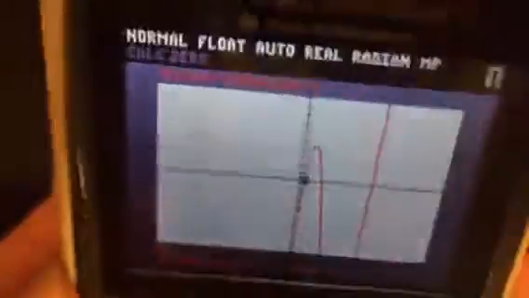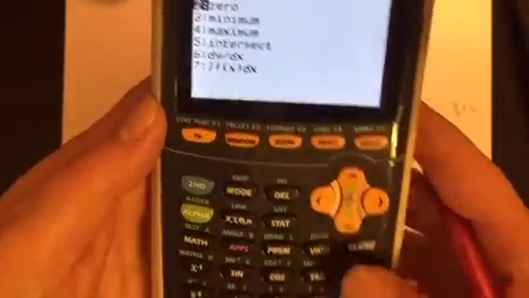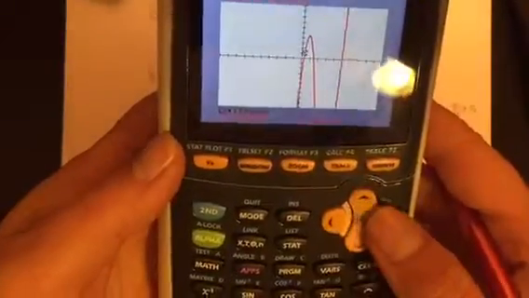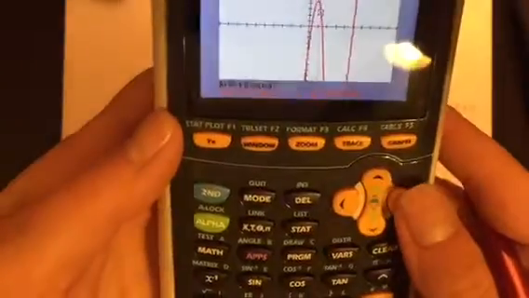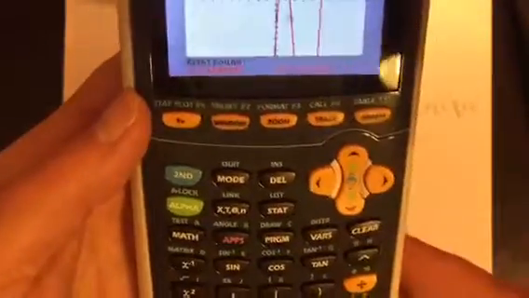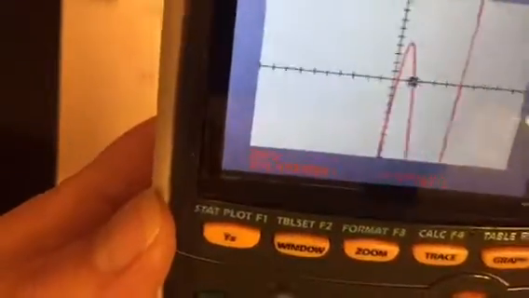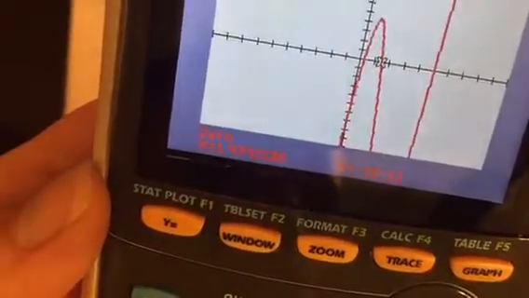So my 0 here is, I'm going to write it down, 0.23241. All right, now I'm going to do the next one. So second calc, so it's the second right here, second trace, 0. And now I'm going to find the next 0. So it's right here, left bound, right bound, guess. And this value is 1.43428.